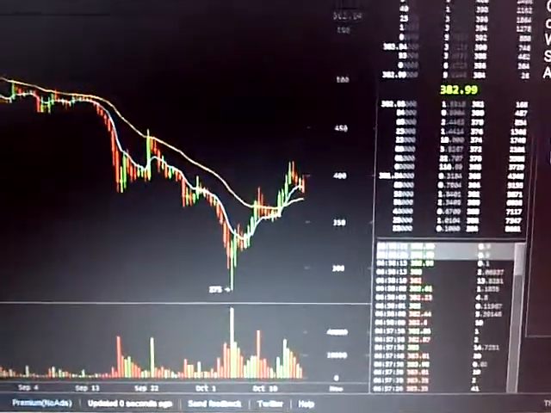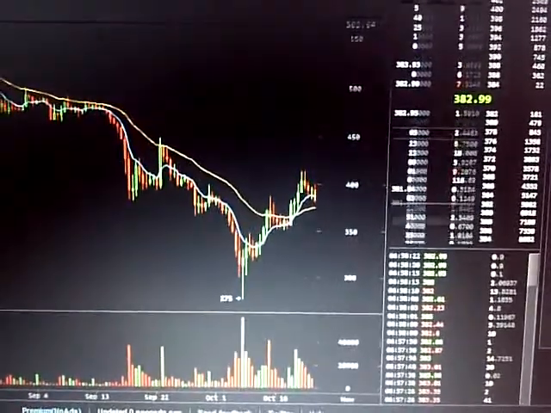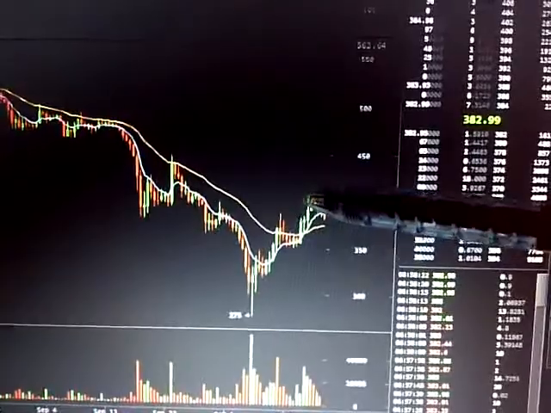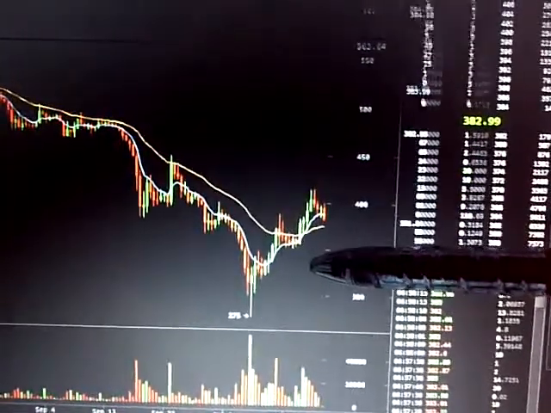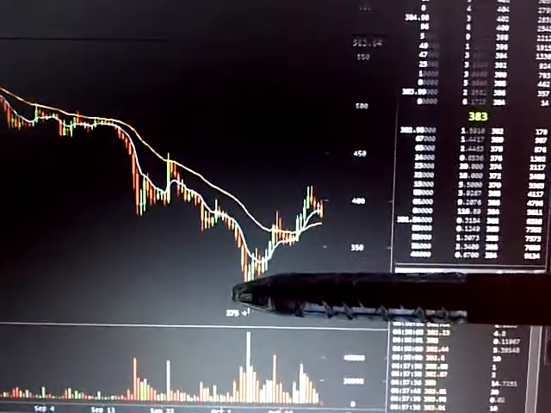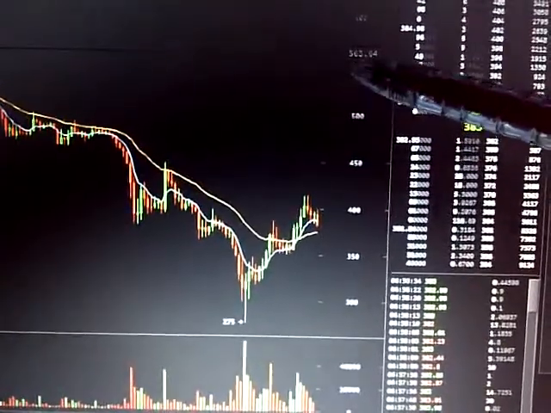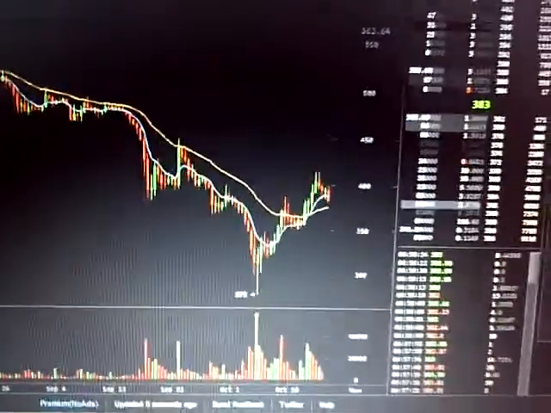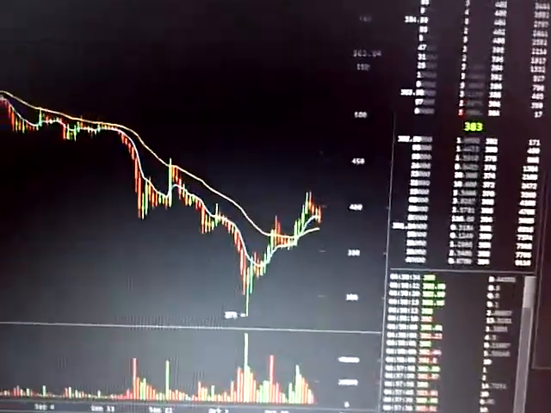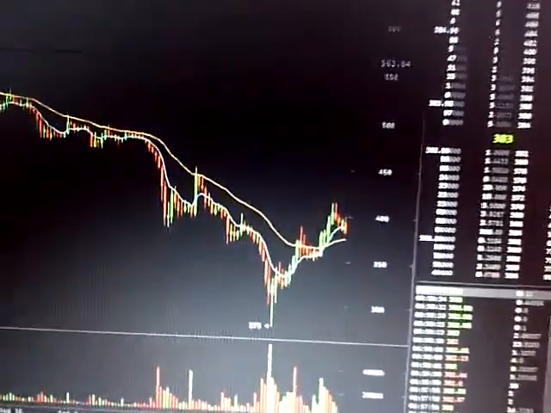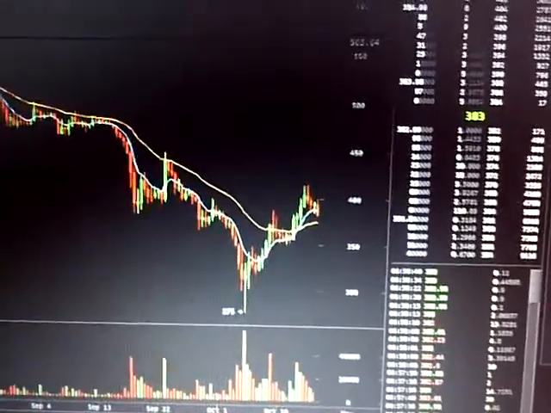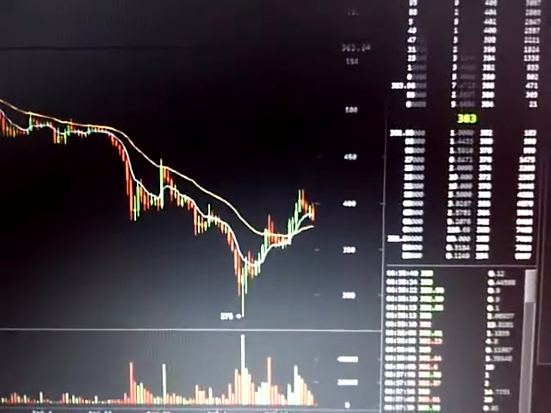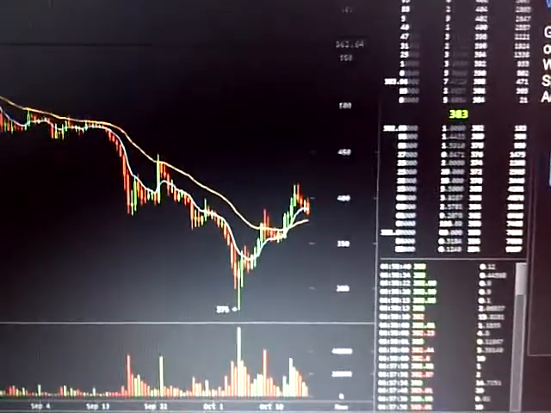And wave three is typically the longer of the waves, and so it goes one, and then two, and then three, and then supposedly four, and then five, but there's waves within waves within waves, so it's hard to tell. But a lot of people trade on that. So if other people are trading on that, that means they're moving the price to do that. So that's something to consider.